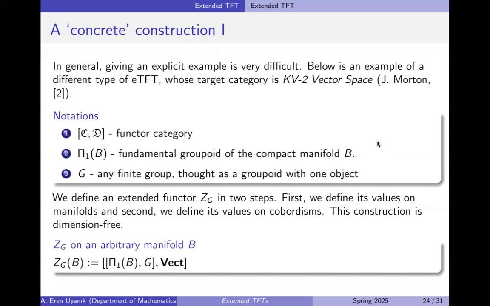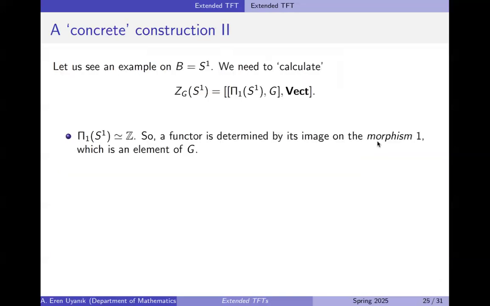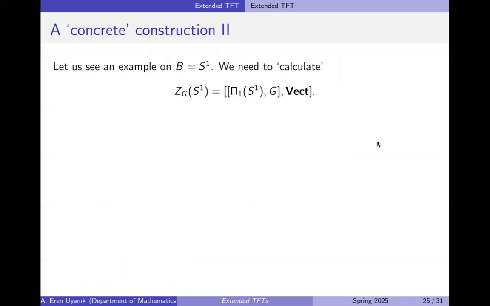So we take an arbitrary manifold, and it is defined as a functor category between these two functors. Inside we have a functor category again, which is the category of functors from pi1 of B to G, and you get this category and send functors to the vector space. This is a very complicated definition, so let's see an example with B equals S1.